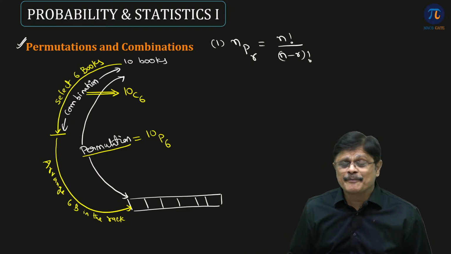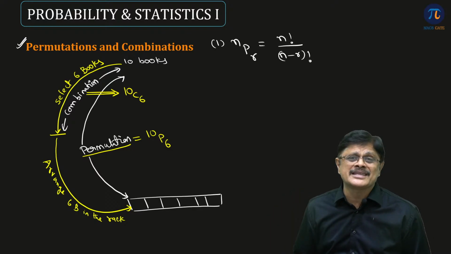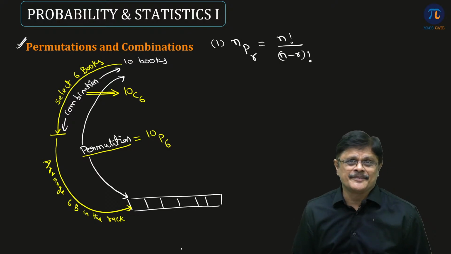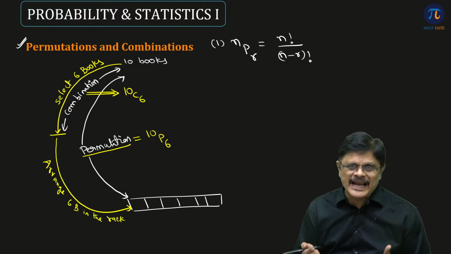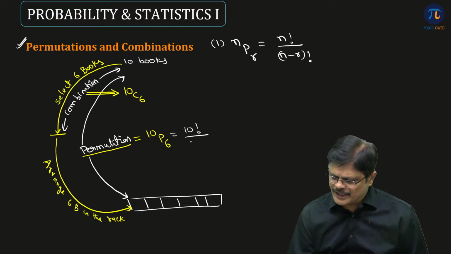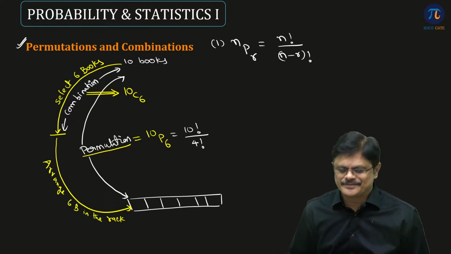So the number of ways of arranging 6 books out of 10 books in a rack is given by 10P6. What is the answer? 10 factorial by (10 minus 6) factorial. 10 minus 6 is how much, sir? 4 factorial. If you simplify, you get the required answer.